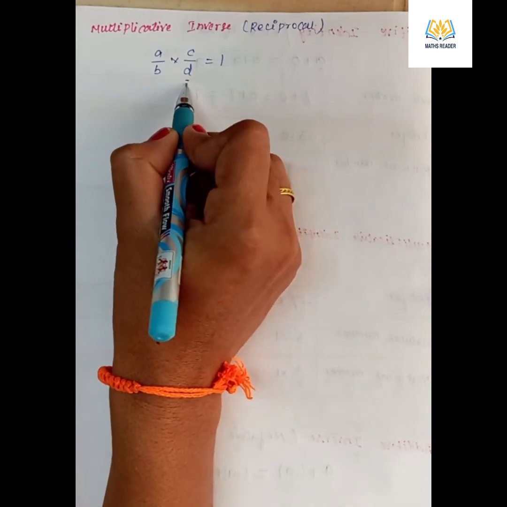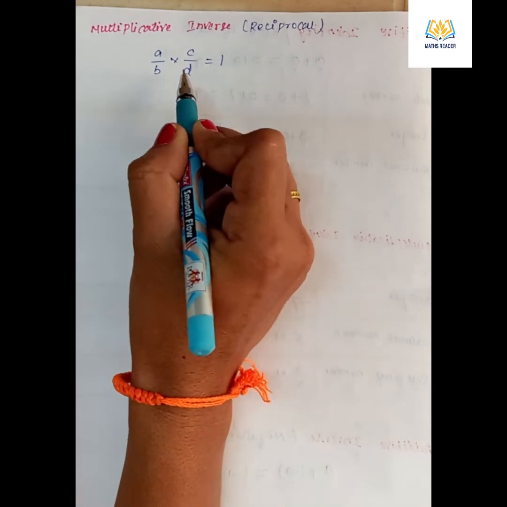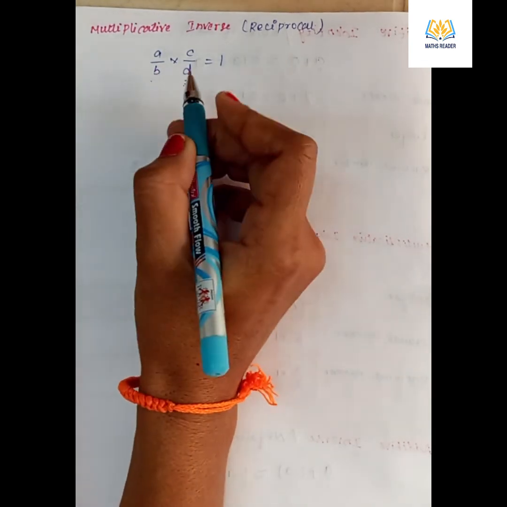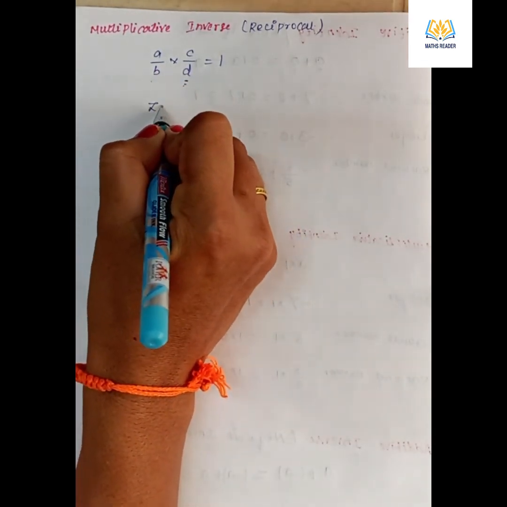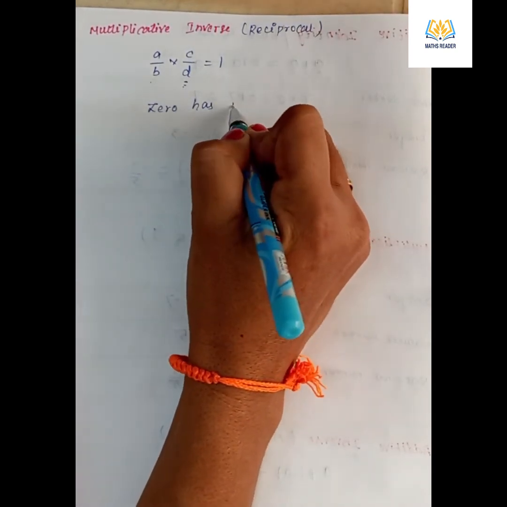So this c by d is called multiplicative inverse or reciprocal of a by b. So here 0 has no reciprocal. For 0 we have no reciprocal.